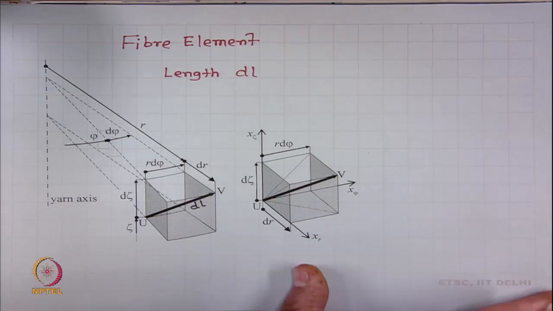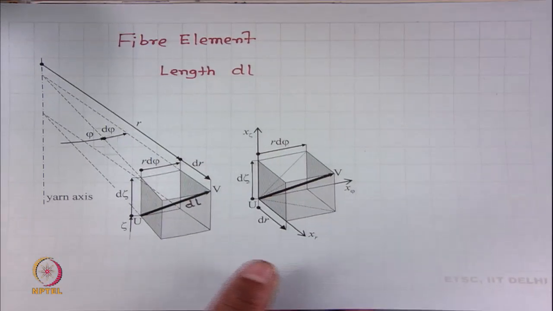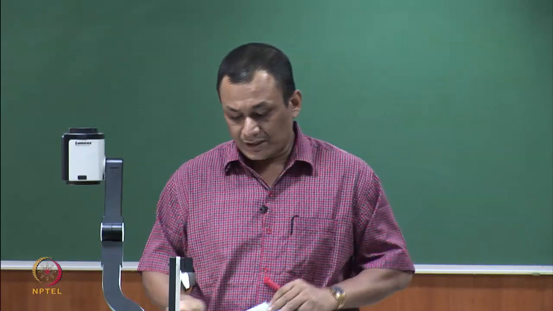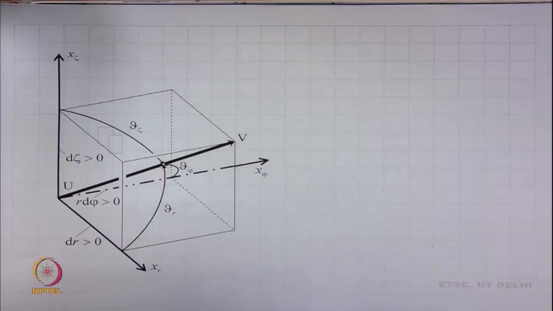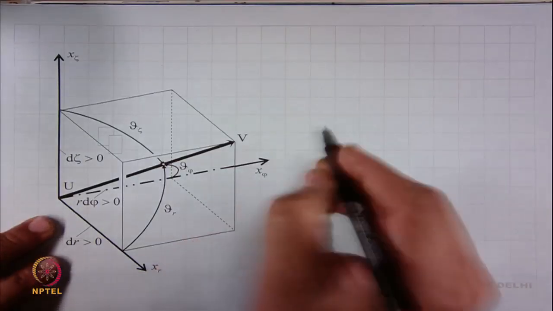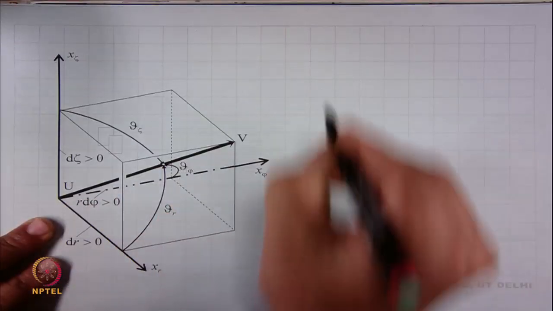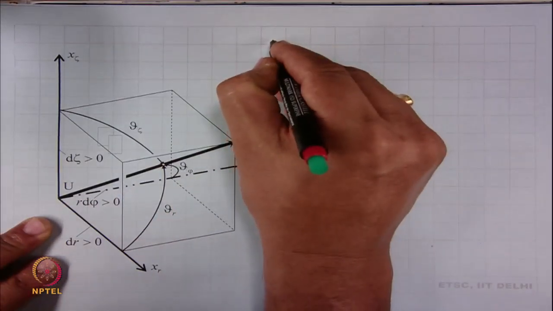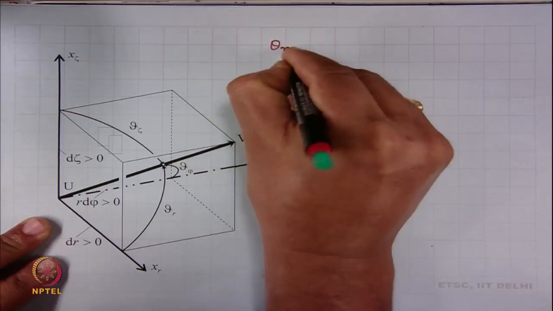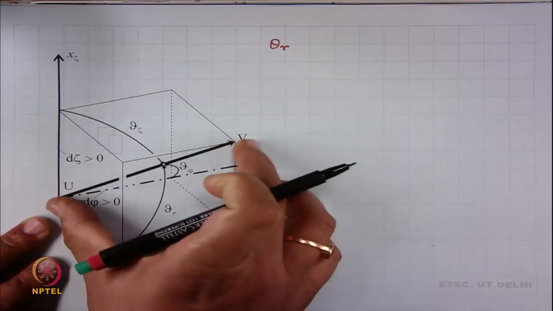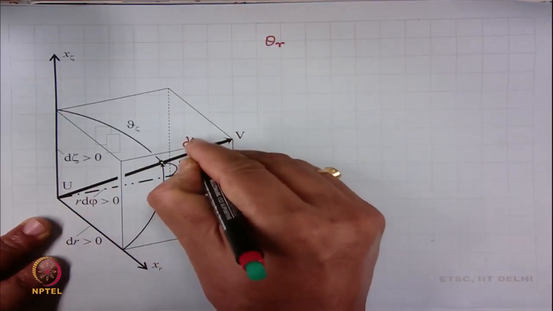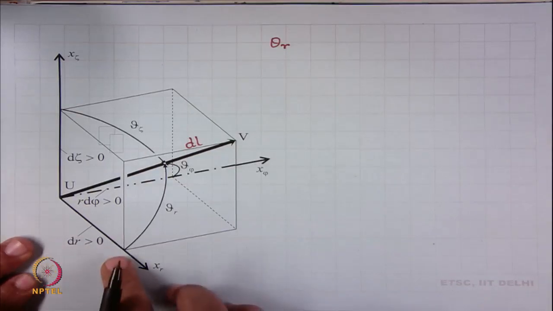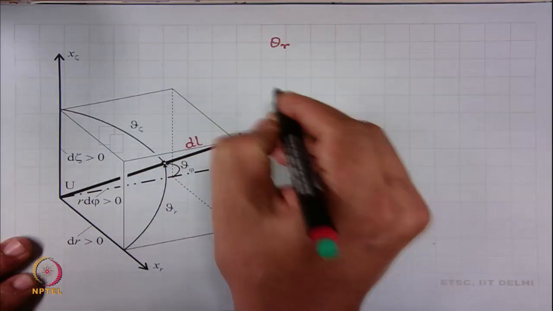Now, the fiber path can also be characterized by using three important angles. Theta r is this angle. This is again the fiber element u v, with length dL, and this angle is theta r.